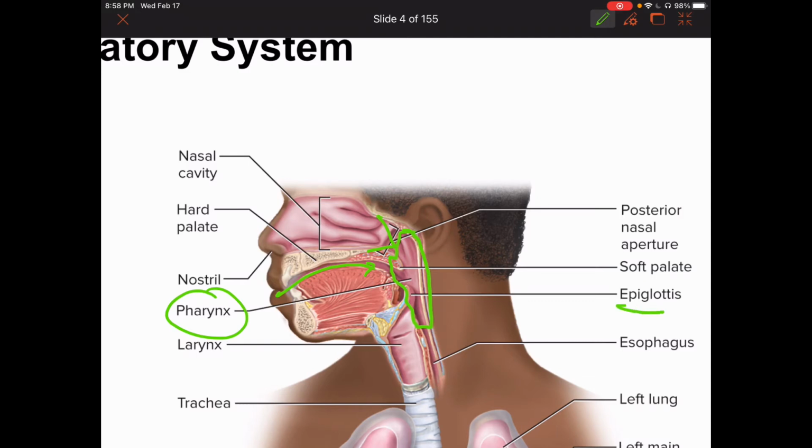The epiglottis is going to prevent food particles from going down into the trachea. So here we would be going down to the stomach if we were going down this way through the esophagus. But if the epiglottis opens that little trap door and we go in here, this is the trachea. And the trachea has these little ridged rings of cartilage and connective tissue here.